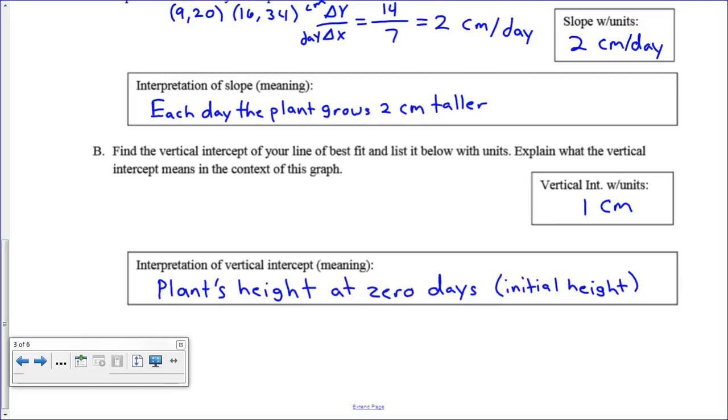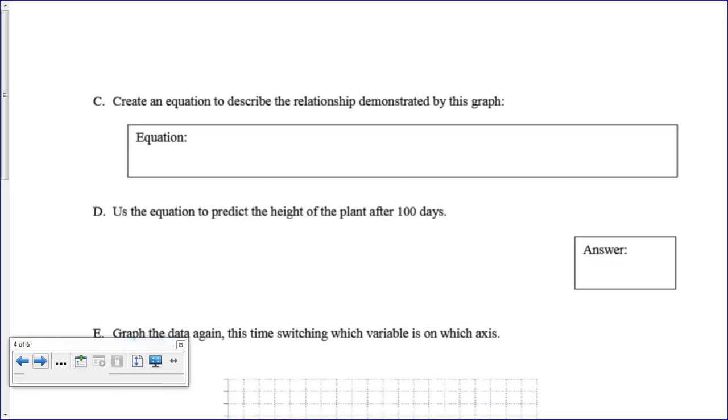All right, so now we'll use this information to go on and complete the next page. So it says to create an equation demonstrating this relationship. We've got the height of the plant on the y-axis. You start with y equals mx plus b. But then you just put in the things that we found.